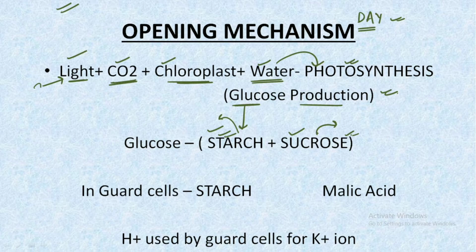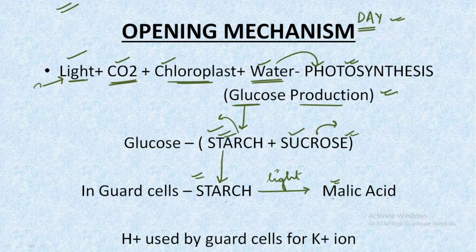Now we would understand this: in the guard cells we have the starch, that is, in the guard cells we have the stored form of glucose, and in the guard cells this starch gets converted into malic acid in the presence of light. And now, because the starch gets converted into malic acid in the presence of light, it leads to a decrease in the starch concentration because of the conversion.